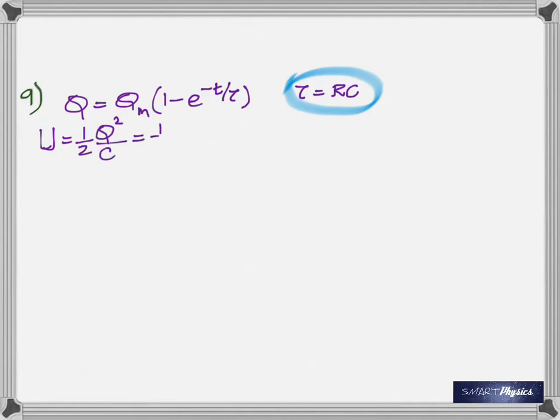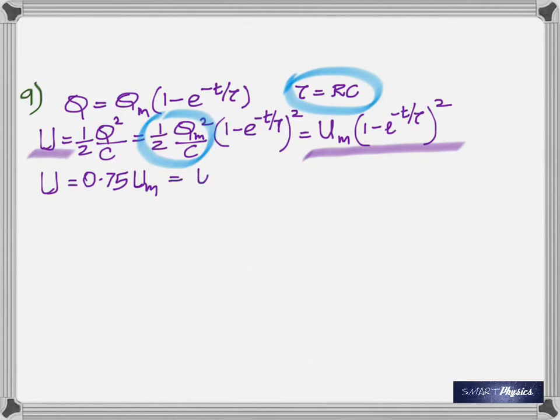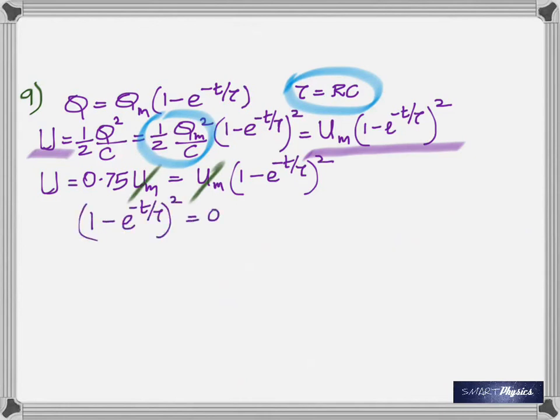Potential energy is Q squared by 2C. And when you substitute, you can see that this is going to be the maximum potential energy, so I put it as UM. And the problem says that the potential energy is 75%. So that's why you have 0.75 there.